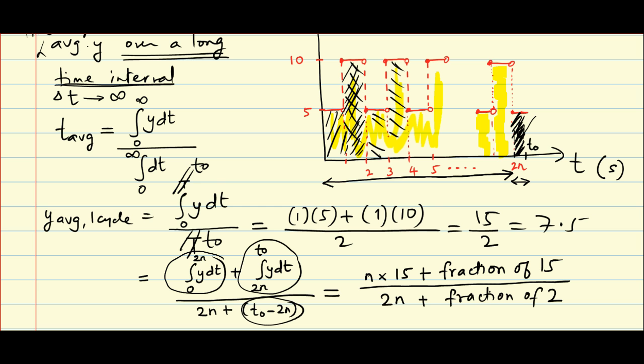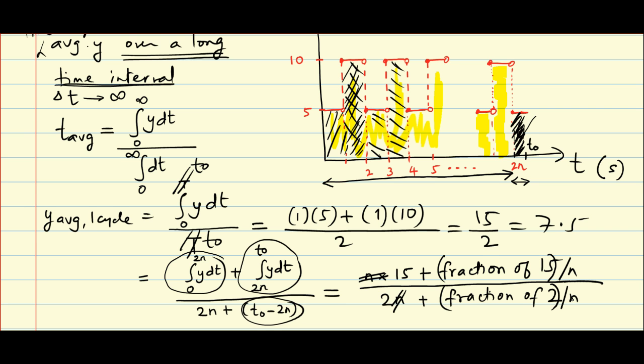So in doing so, I am not changing the value of this expression, but this n goes from here, and I'll get a division by n here, and this is also divided by n. So it's a fraction of 15 divided by n, and that's a fraction of 2 divided by n.